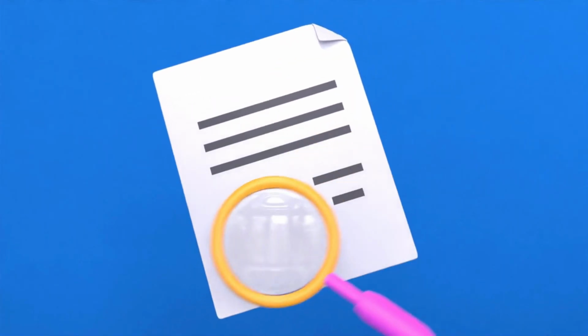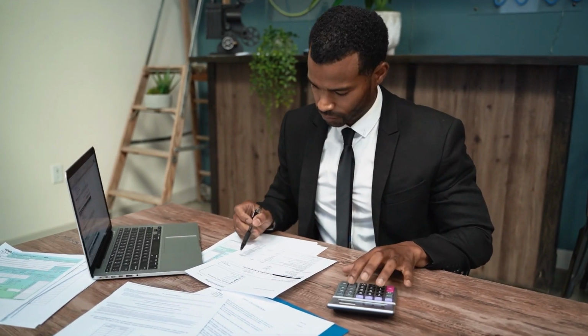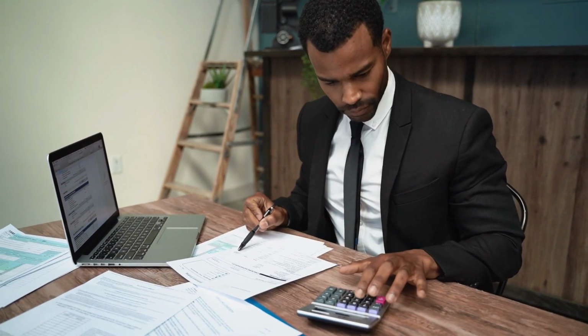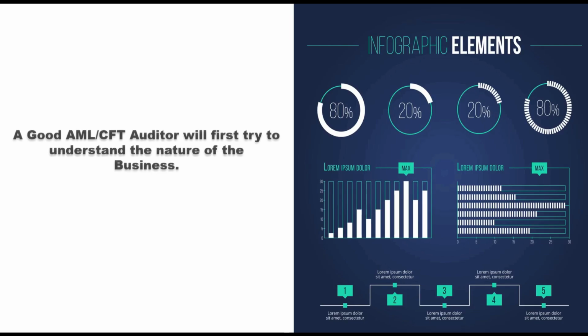Next, you are going to learn a very important concept, that is what you should expect from an AML safety audit. This will help you in drafting a request for proposal for any kind of AML safety audit. First, a good AML safety auditor will understand the nature of business or the salient features of that organization.